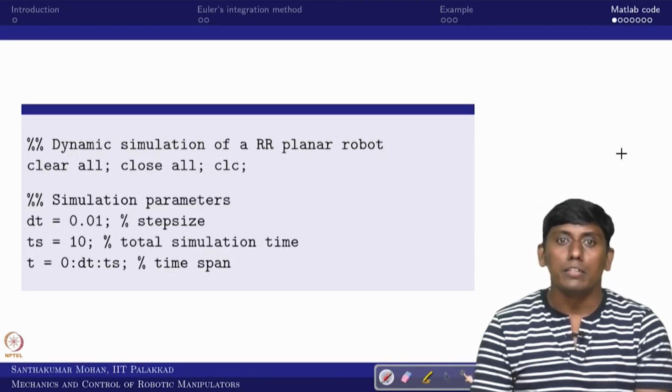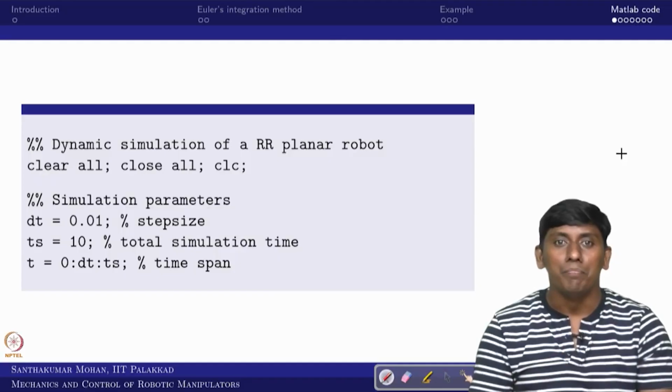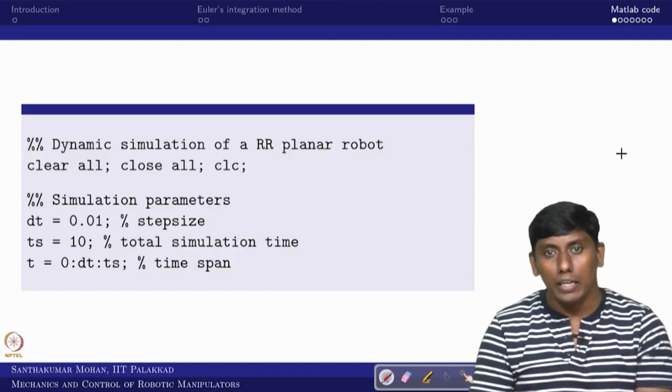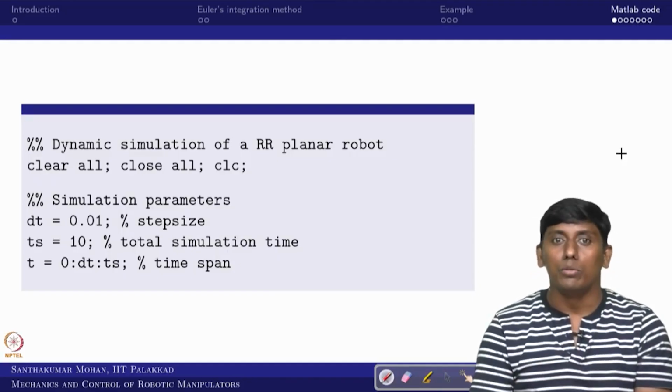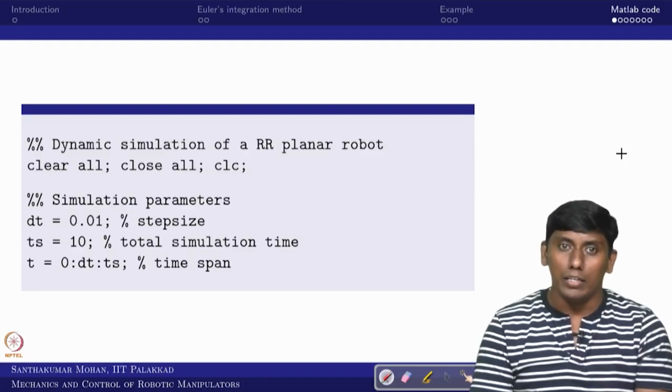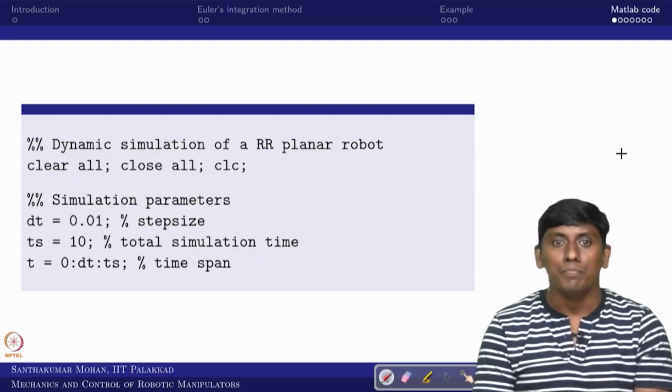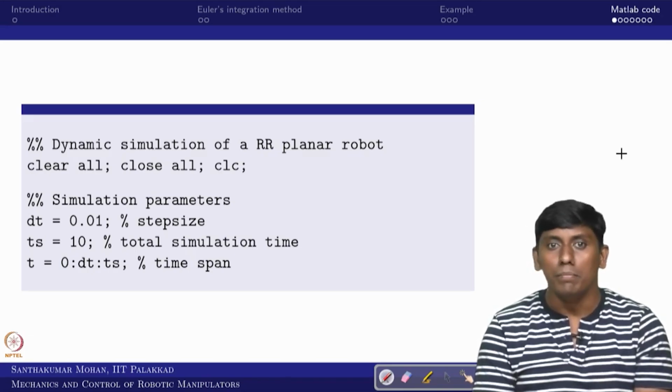Then, since it has several steps, first we need to define the integration parameter. Here we are doing Euler integration, which is a simple first order system. So dt is equivalent to delta t, which is nothing but the step size. Here I have taken 10 milliseconds, it need not be, but we have taken 10 milliseconds.